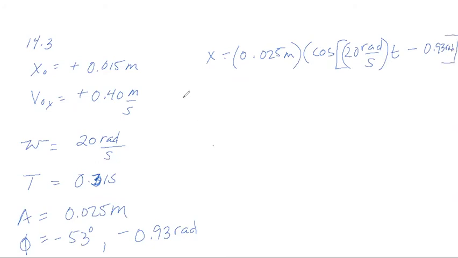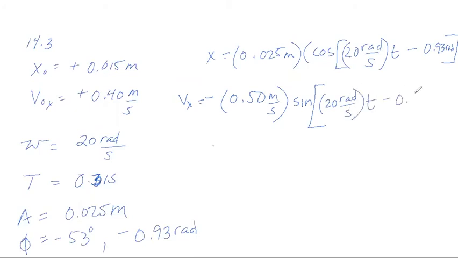And v sub x is going to equal negative 0.50 meters per second times sine of 20 radians per second t minus 0.93 radians.